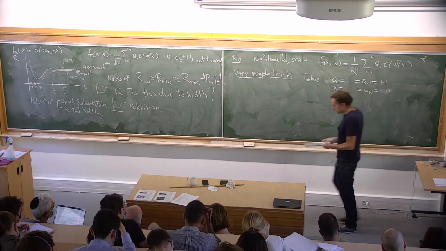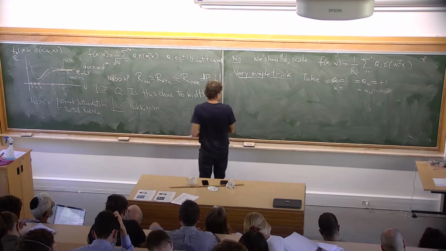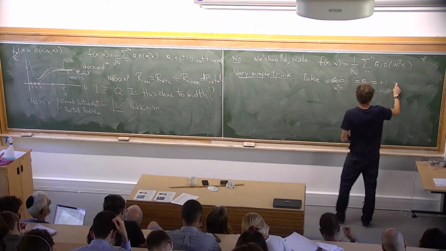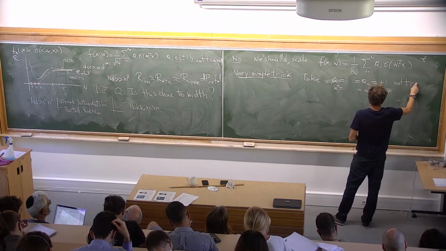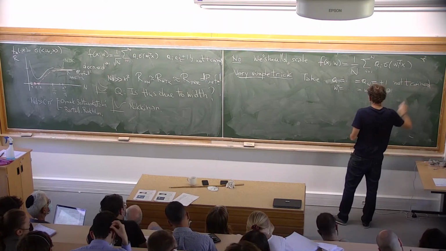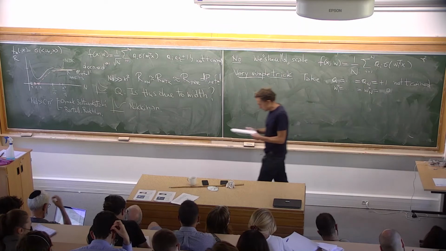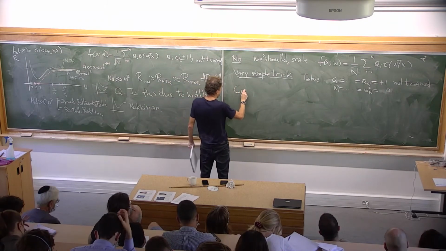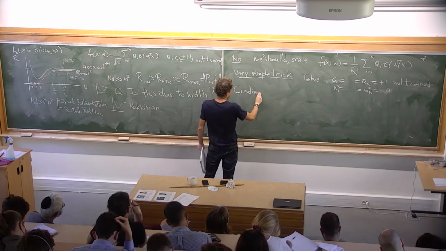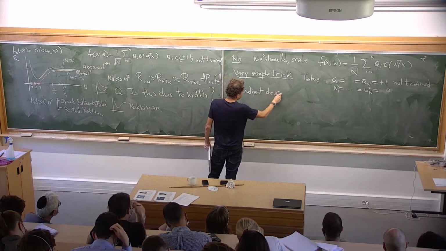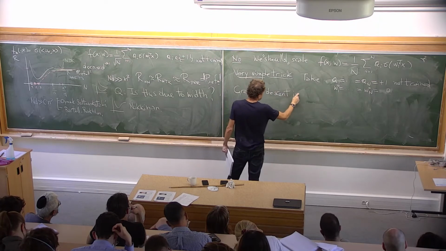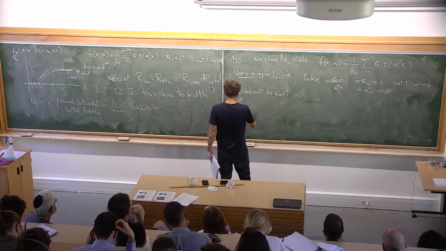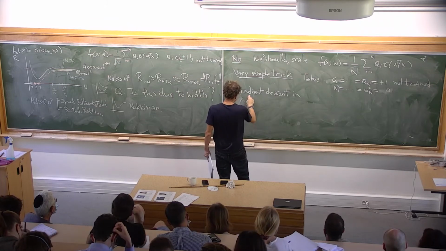Then what will happen is that at initialization, and this is not trained. So now gradient descent in the empirical risk.